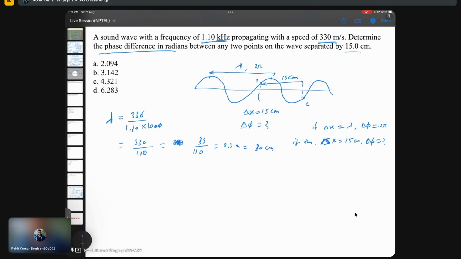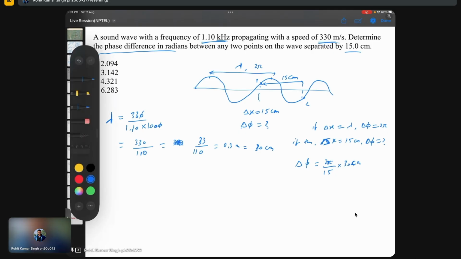Simple, right? So delta phi will be 2 pi by 15 centimeter into 30 centimeter.